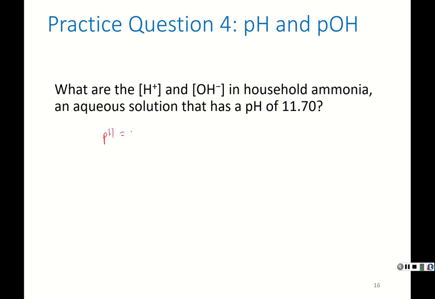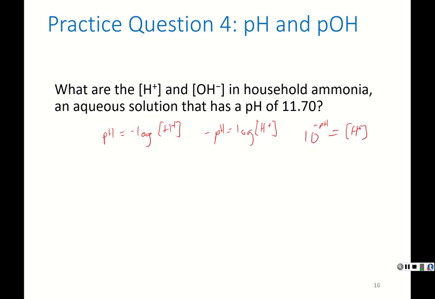pH equals negative log of H plus. We can rearrange this. So that'd be negative pH equals log of H plus. And then to get rid of the log, you would do 10 to the power of minus pH, and we'd be left with H plus.